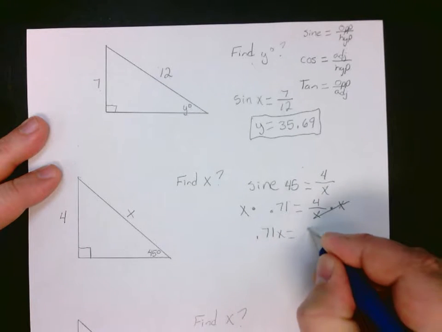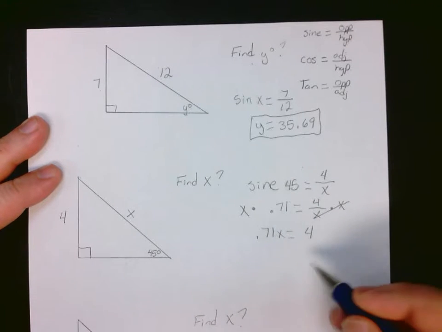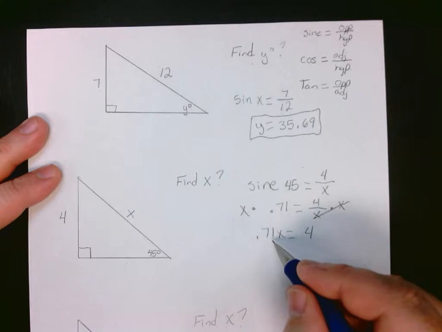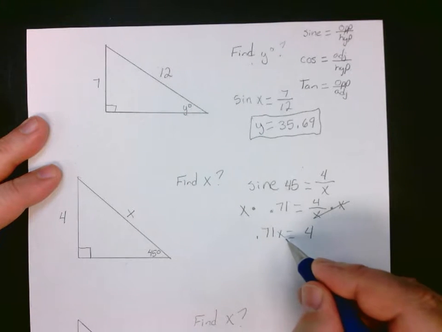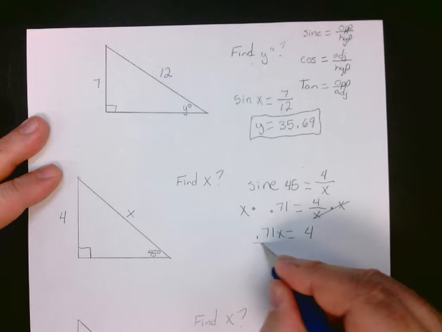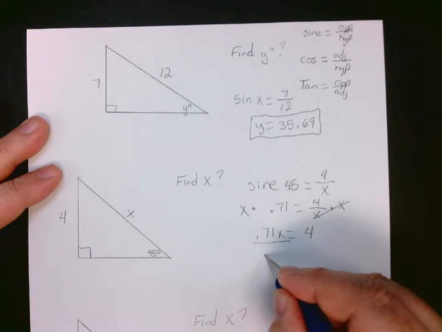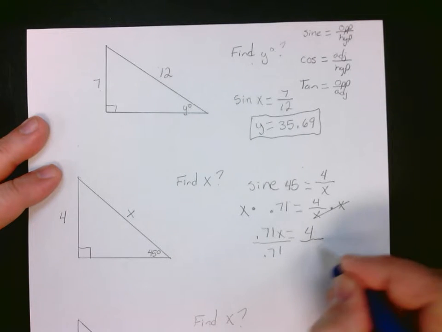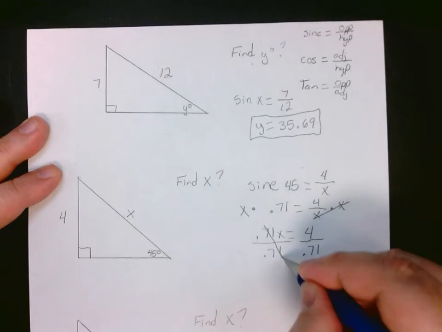I'm left with 0.71x equals 4. Now I have to get x by itself, so you go to the side of the x and do the opposite of what it says. 0.71 times x, so you're going to divide by 0.71, because what you do to one side you have to do to the other. So this cancels.